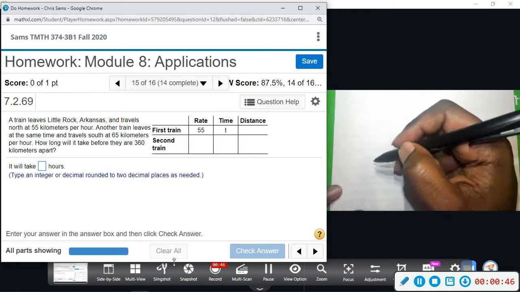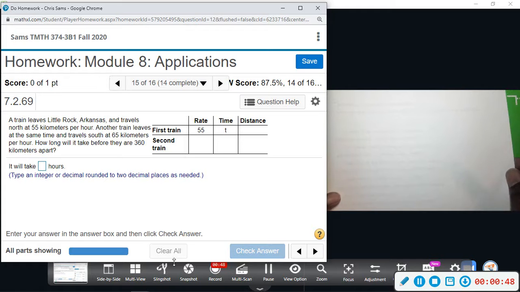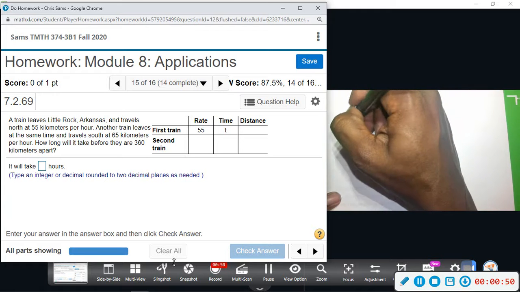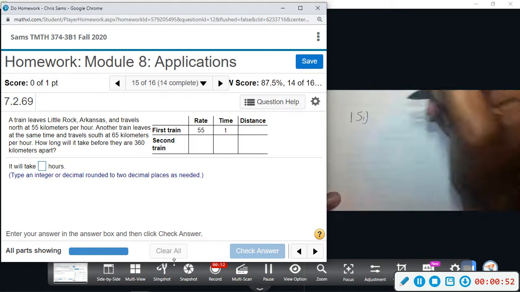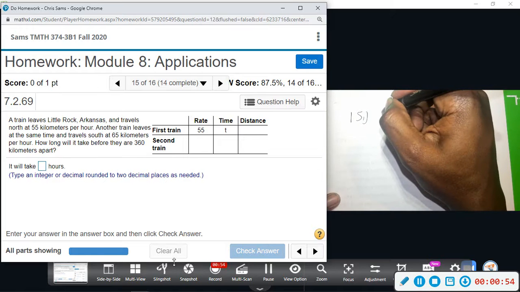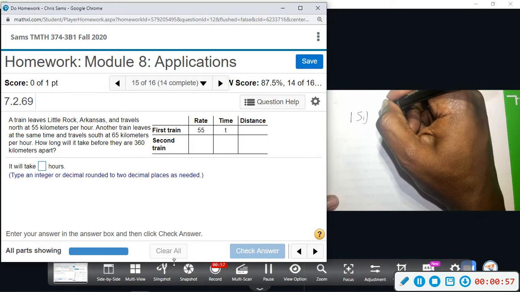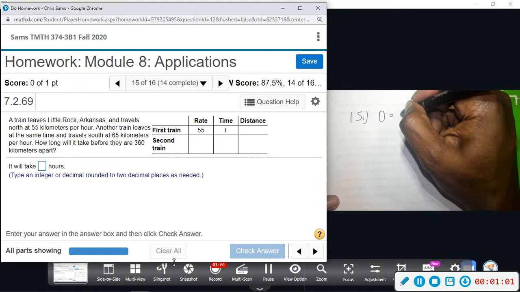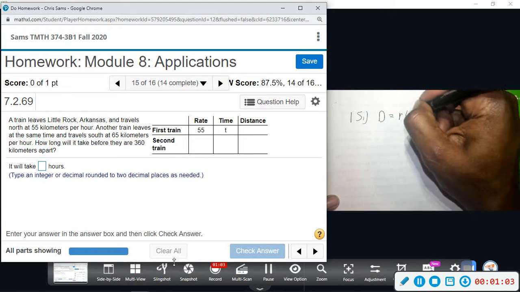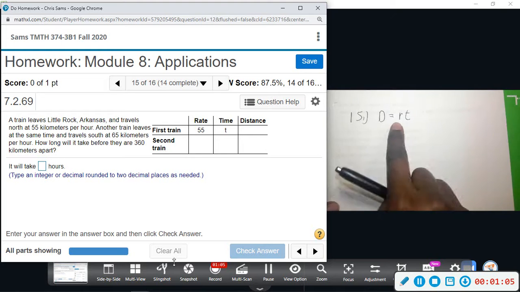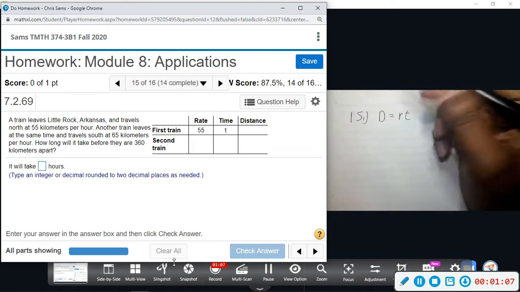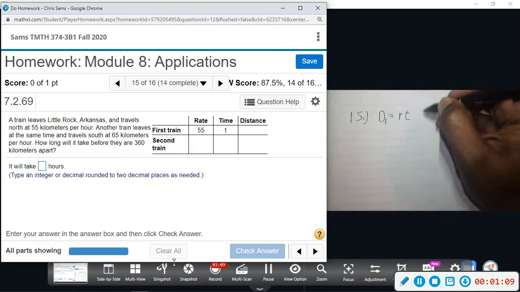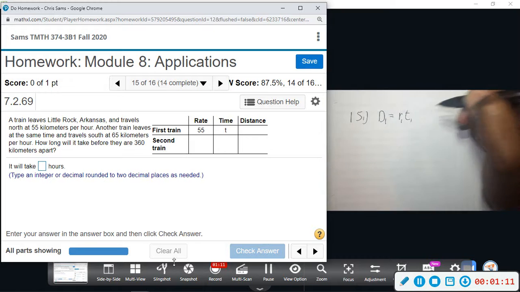So this is the image that we need to come up with. First we are going to have two distances. Distance is equal to rate times time. You can write S for speed times time. So rate is speed. So you have the distance that one train has traveled, and we can put little ones on here.